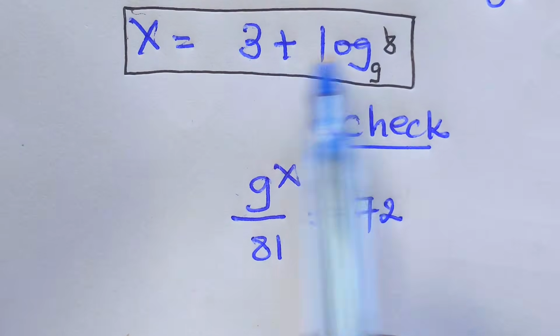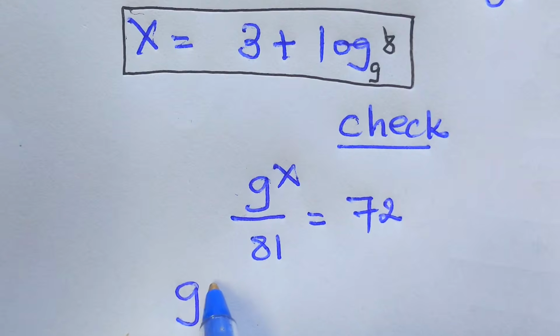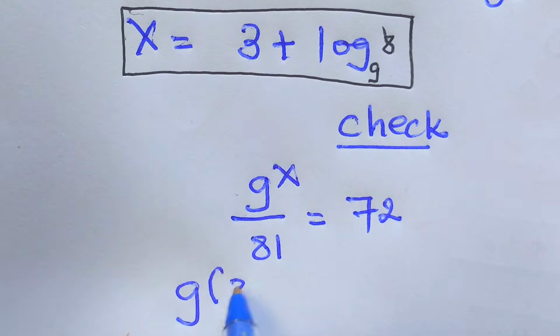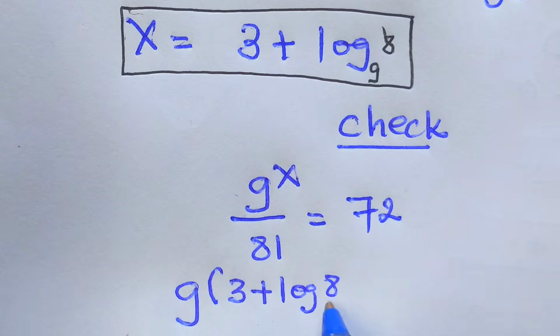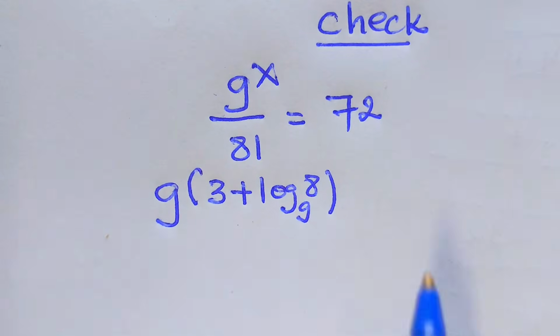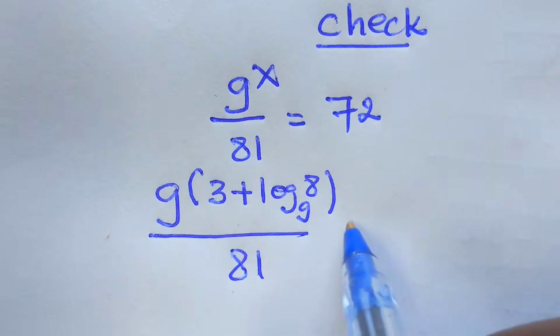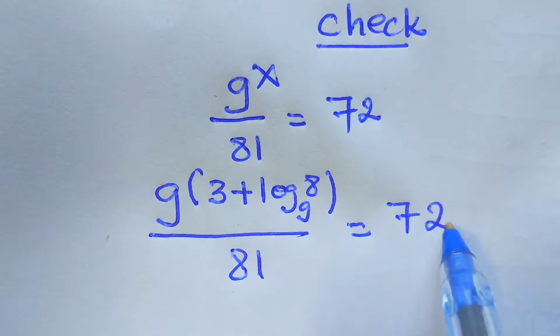Now we have here x, so we have to say 9 power 3 plus logarithm of 8 to the base 9, then over 81. This should be equal to 72.